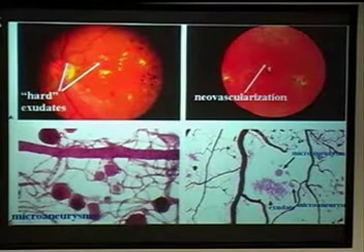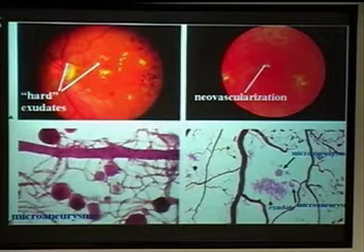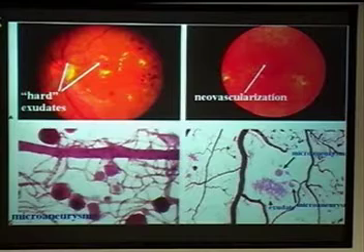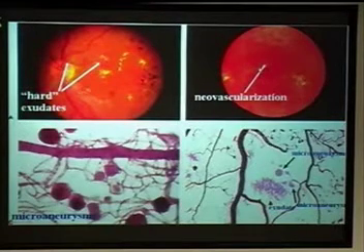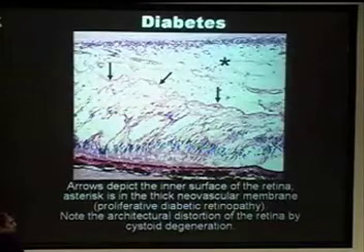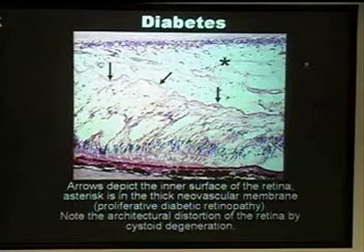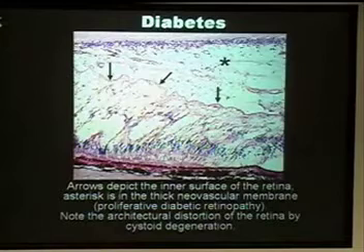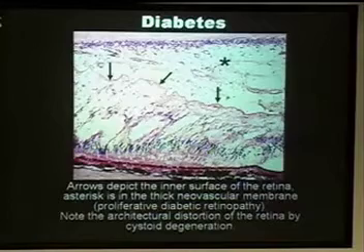See these little blood vessels in there? That's neovascularization. They're not supposed to be there. That's because of diabetes; ischemia has taken place. A picture for your reference, and here is your neovascular membrane.